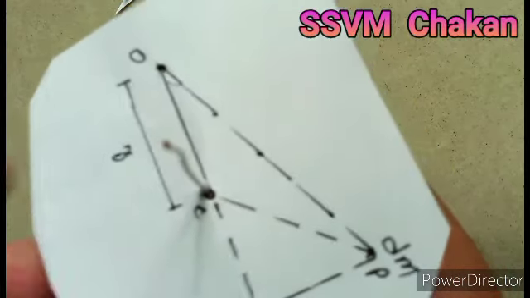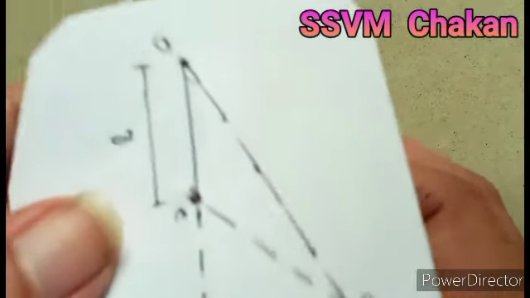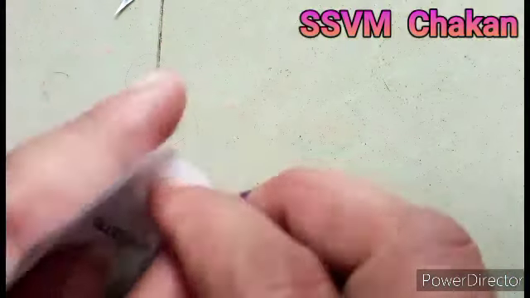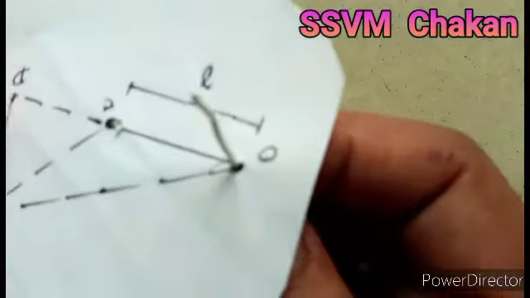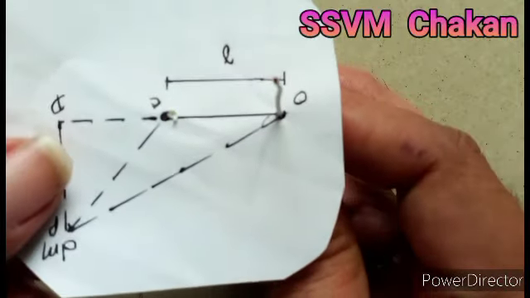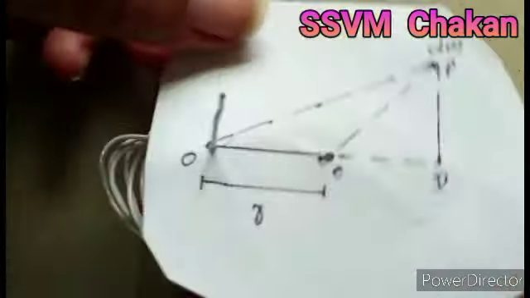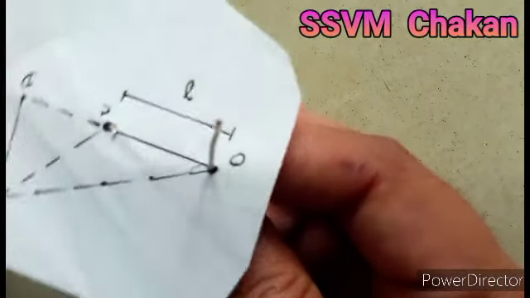Now the same body is rotated about another axis. This is a point O through which the axis passes and around which the body is now rotated.